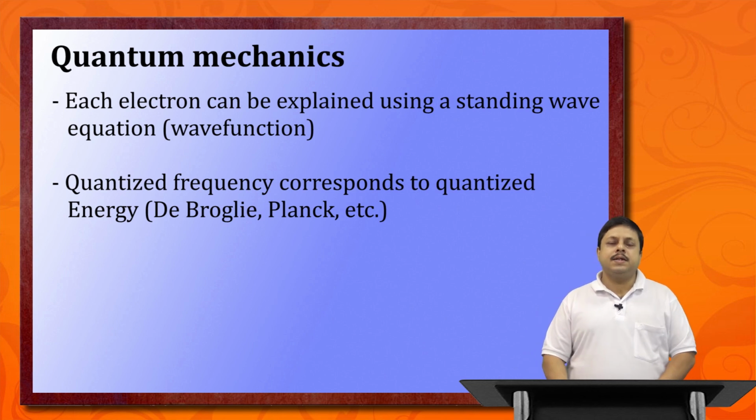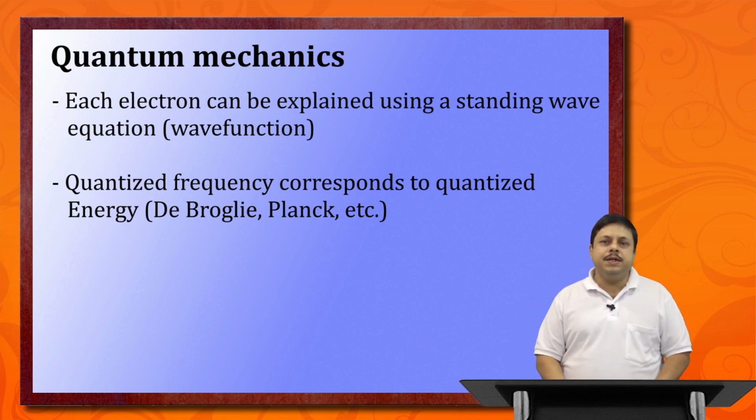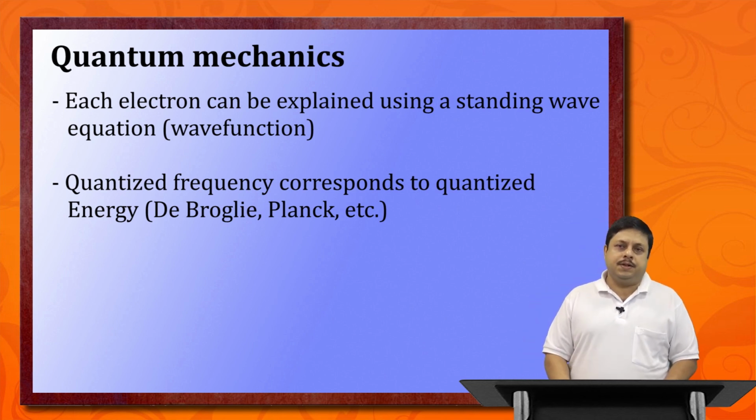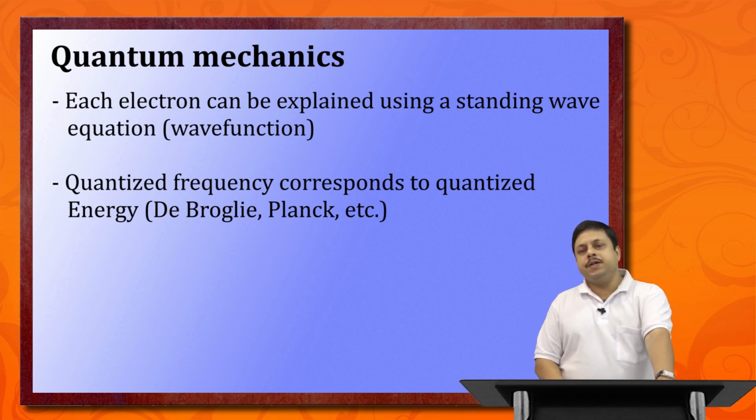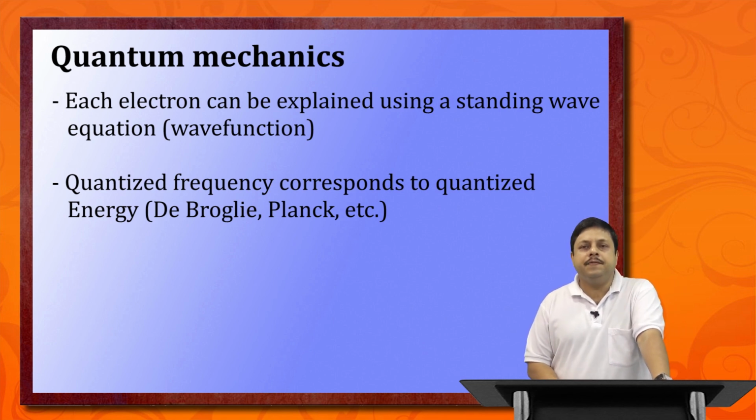Rather, let us take up a probabilistic interpretation associated with it. We will say that there is a specific probability, a specific chance or likelihood to determine the particular particle within a definite space, within a definite volume.